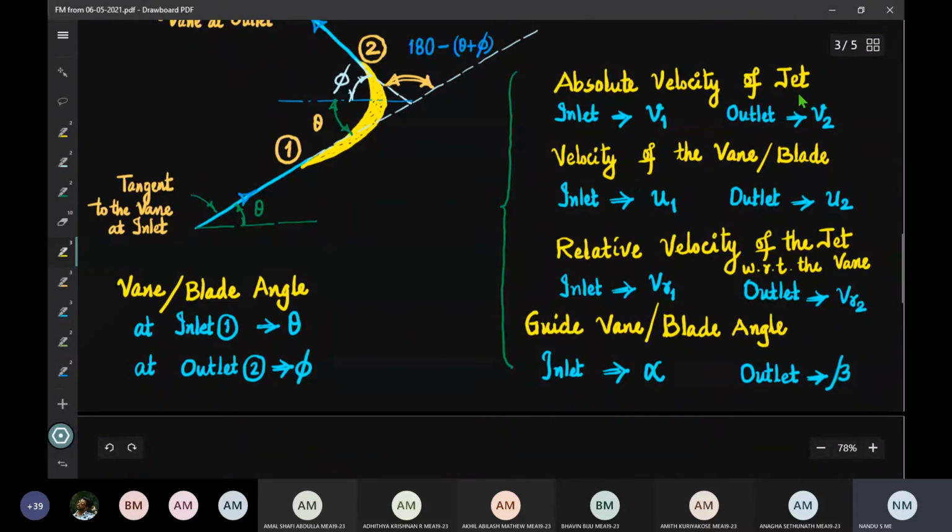Definitely the absolute velocity of the jet at outlet will be different, and let us mark it by v2. And the velocity of the vane or blade at inlet and outlet, that is u1 and u2, but in this case of single vane movement, we are assuming that u1 is equal to u2 is equal to a common quantity u. Relative velocity of the jet with respect to vane, that is Vr1 at inlet and Vr2 at outlet.